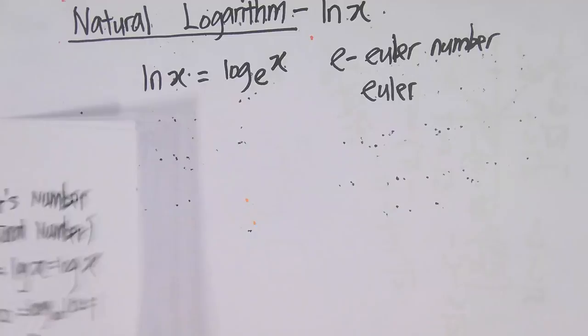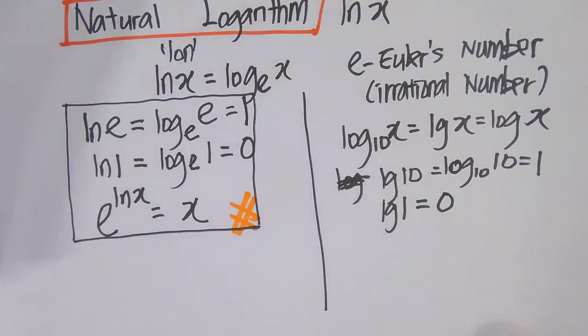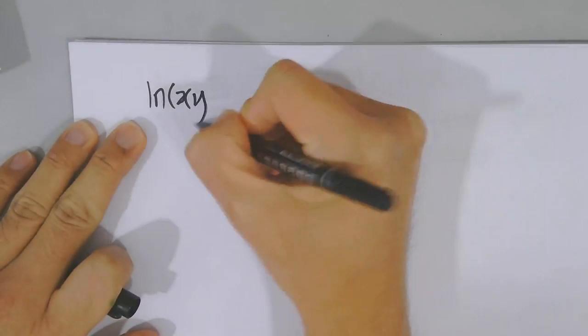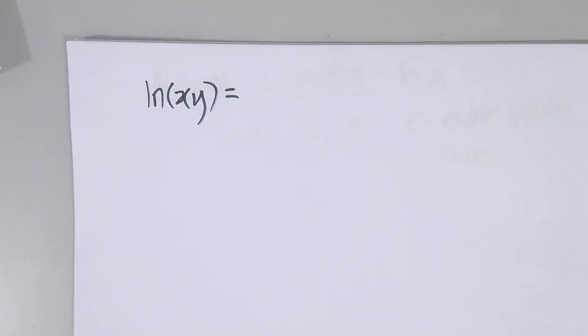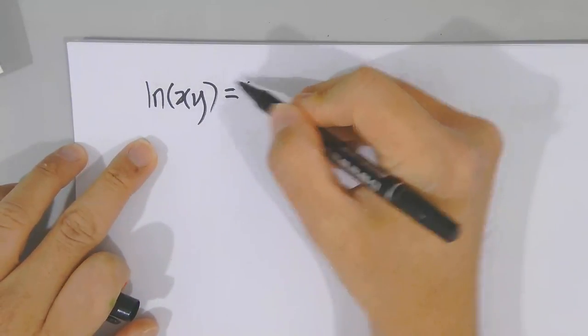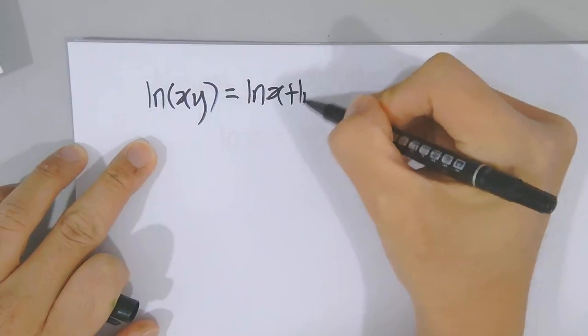Since you know this is a natural logarithm, you should know that it applies all the laws of logarithm. For example, the product rule: ln of x multiplied by y, because of the multiplication, you can write as ln x plus ln y.